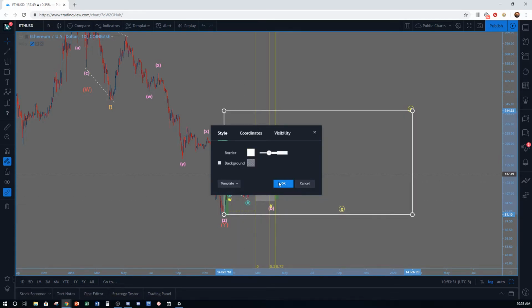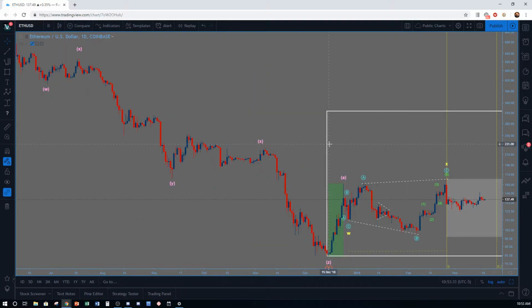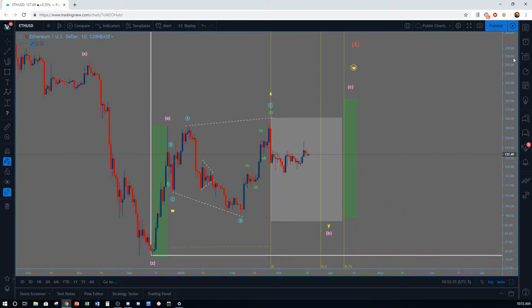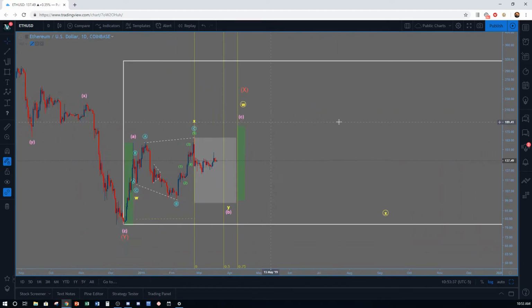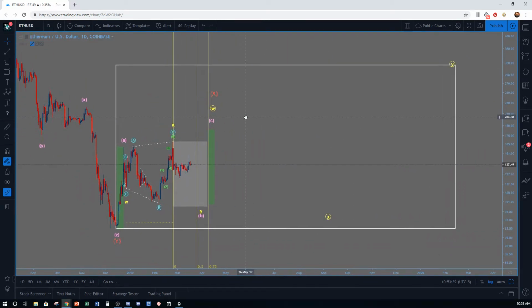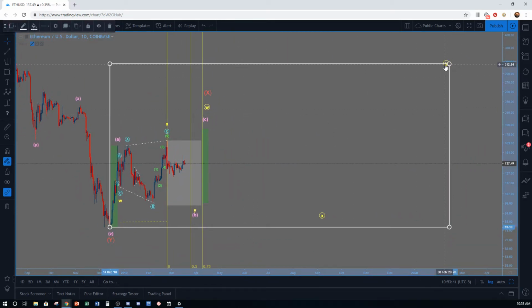And we'll take the background off of it. This is my, I hope not, but it's possible, chart.